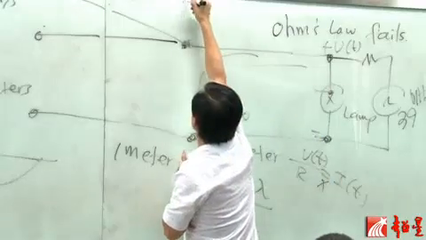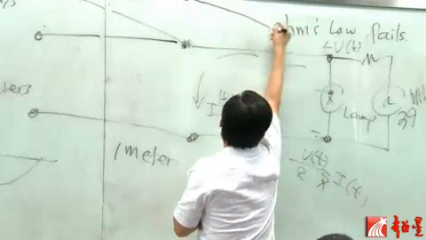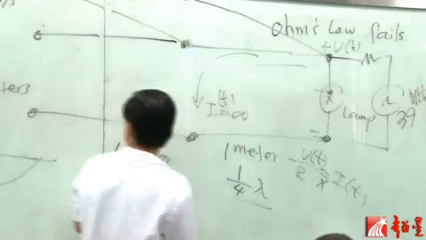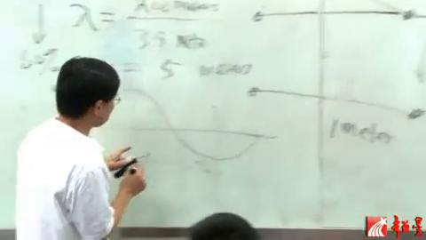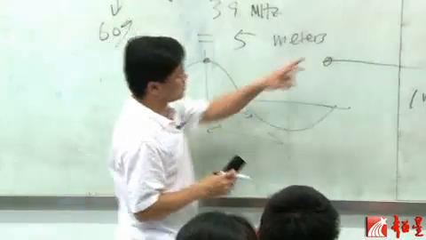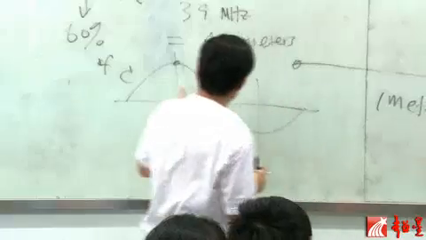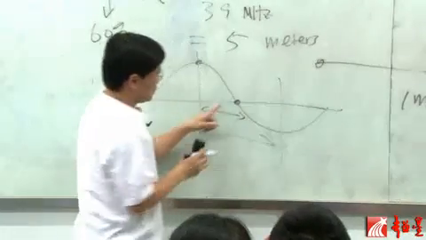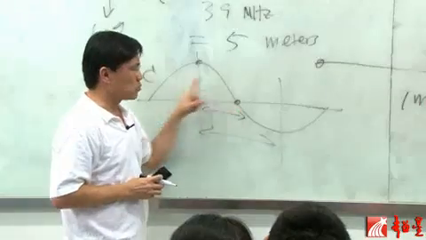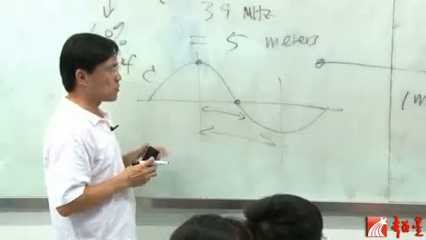So now what's the voltage? It's going to be like this. Got it? Okay, so this is 1/4. So if you have maximum at the end here, then at the source you're going to have a very small voltage. That's how the wave propagates.